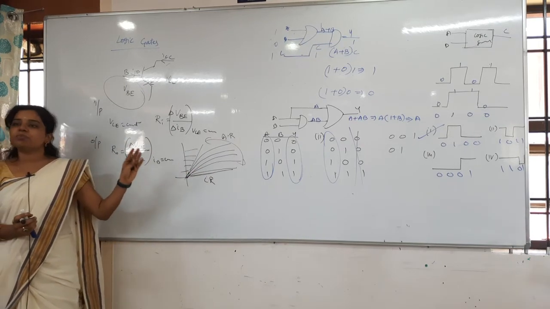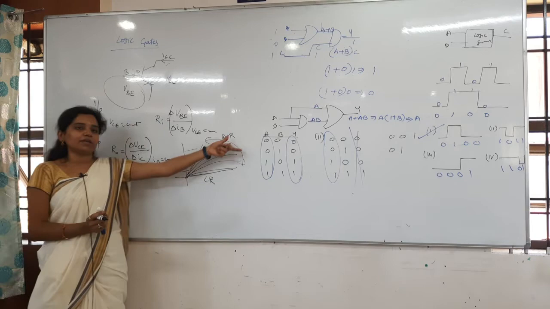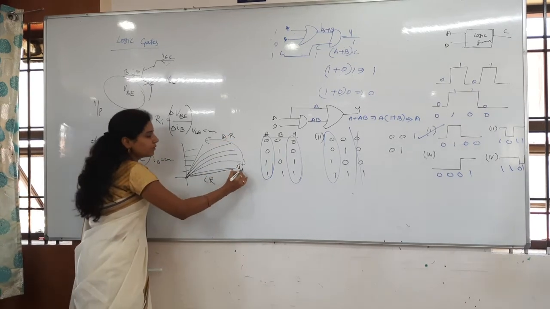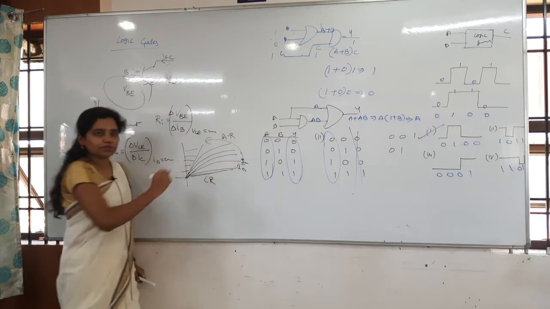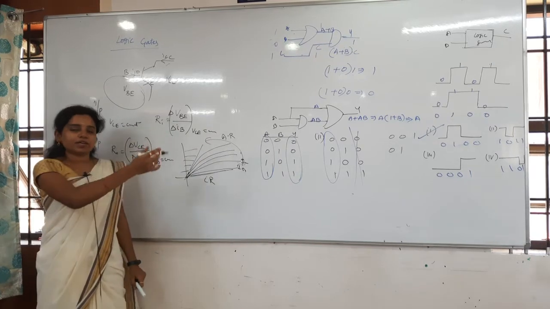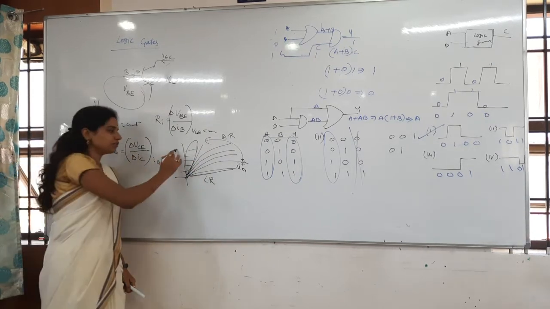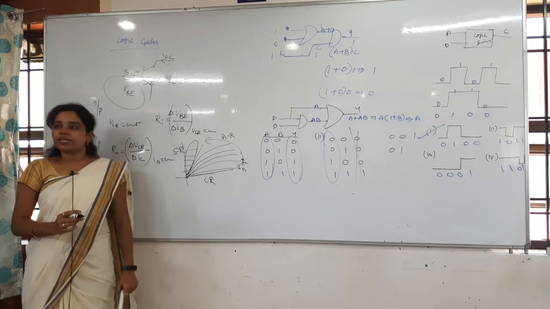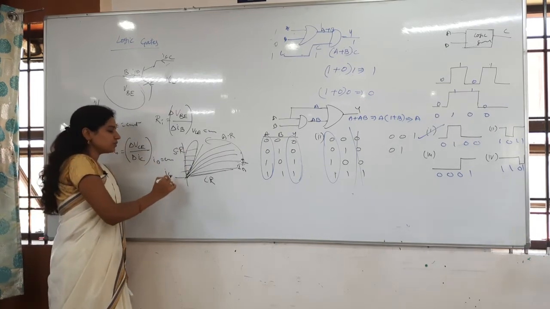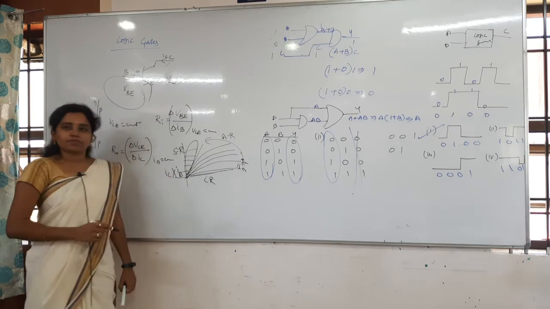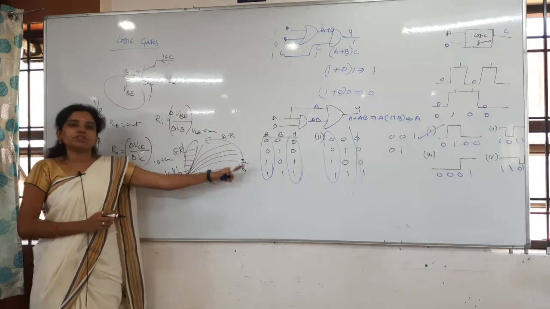IC is independent of IB. Whatever the value might be changing, of course here IB1, IB2, IB3 like that we got. Whatever the IB value might be here, nothing is changing in this. So in that saturation region I said that IC is independent of IB. Then in the active region, what we got?